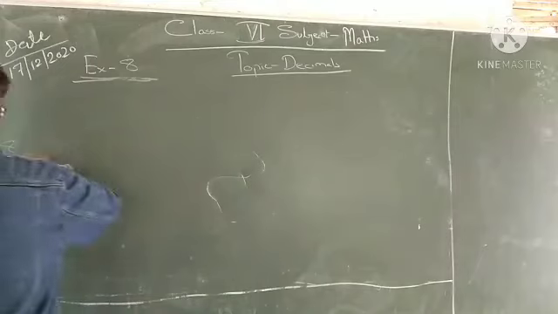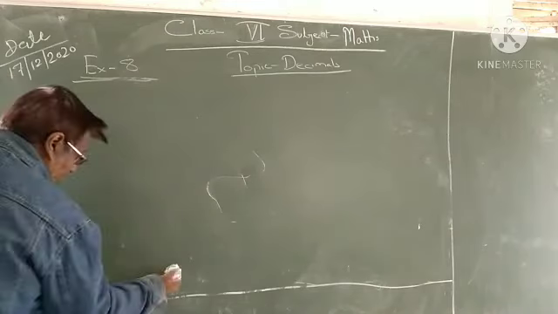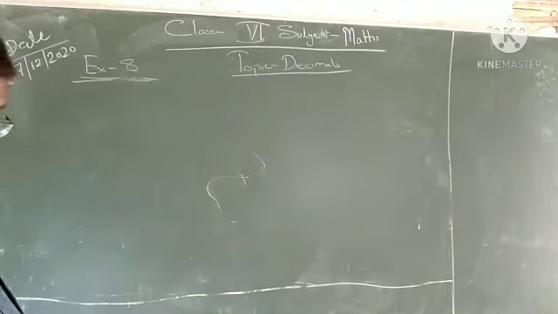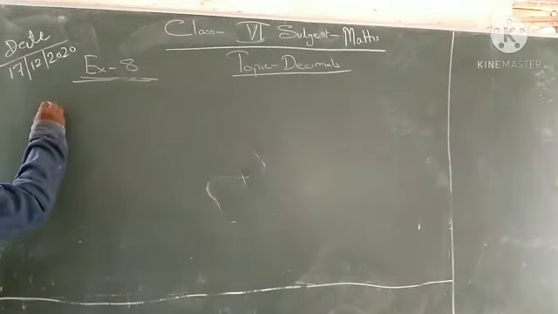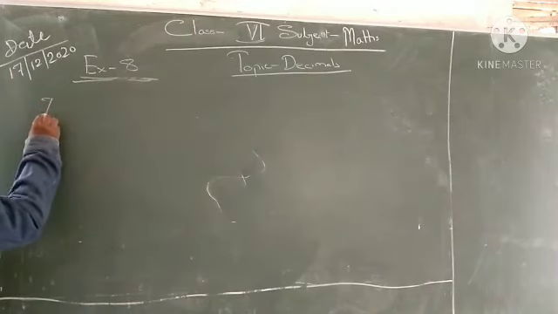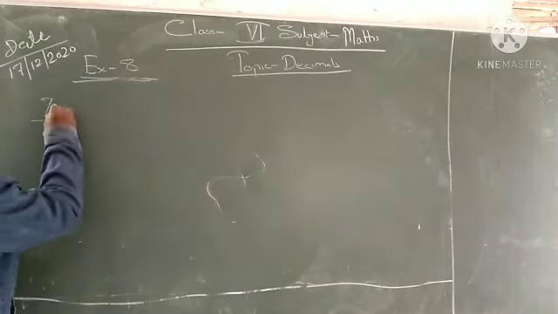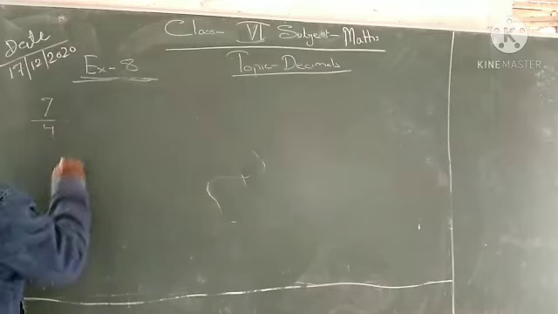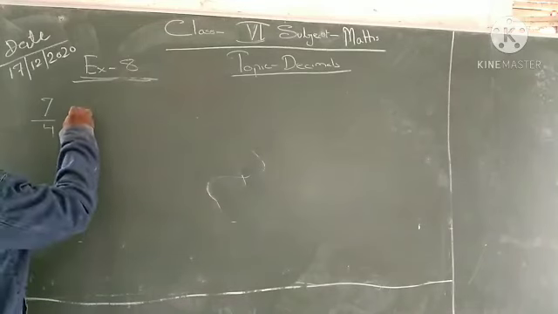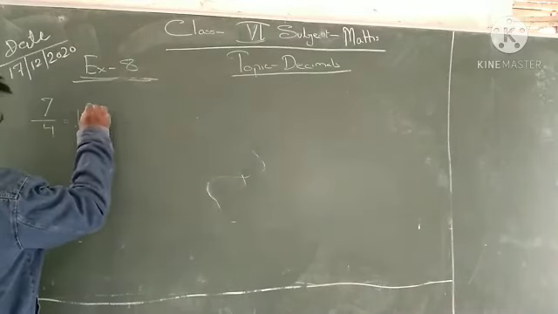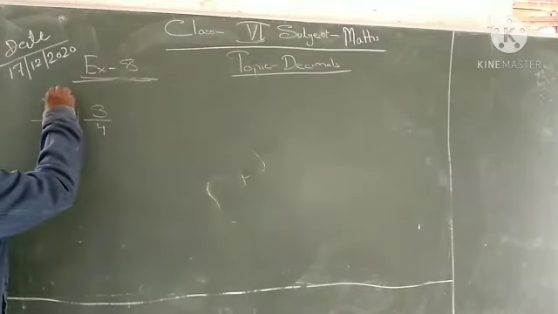What is a decimal? As we did in fractions, sometimes we got a fraction like 7/4, which is an improper fraction, and when we converted it into a mixed fraction, we wrote it as 1 3/4. This is what we did in fractions.